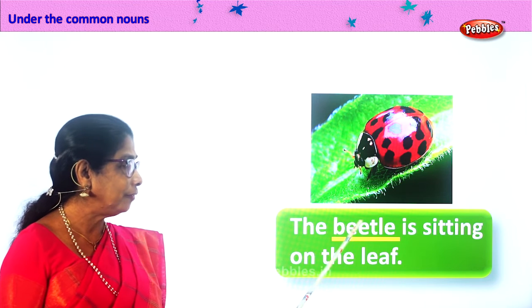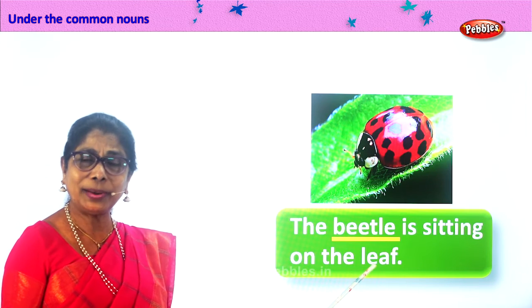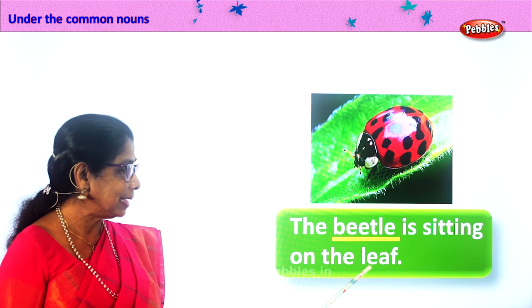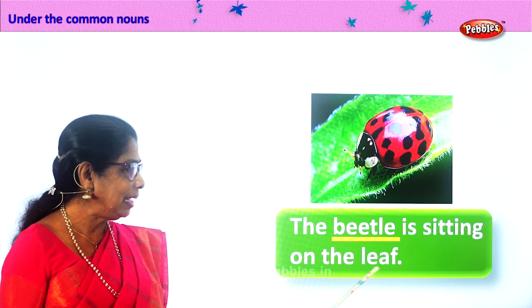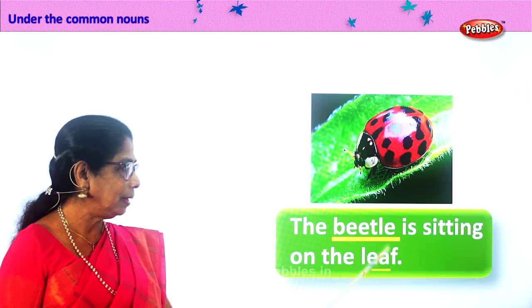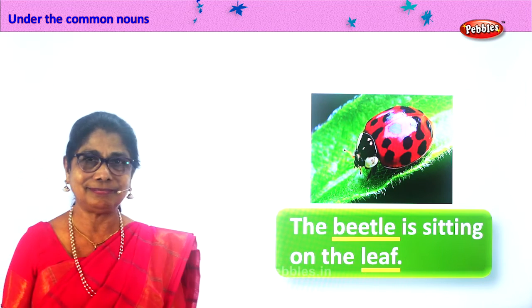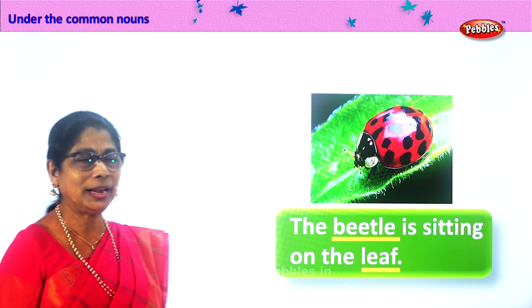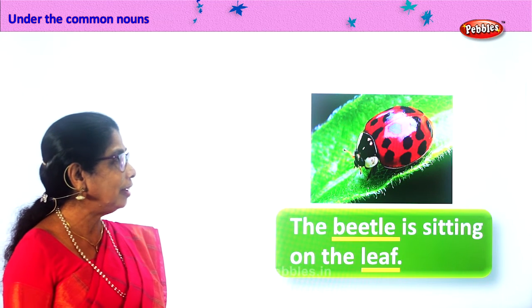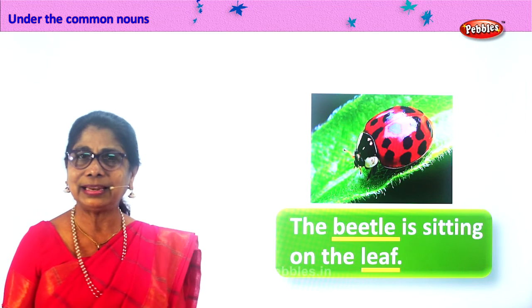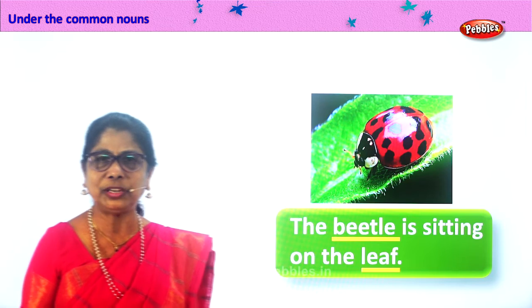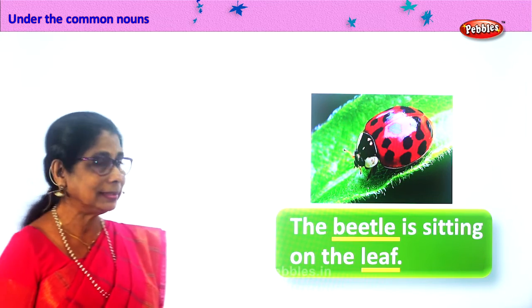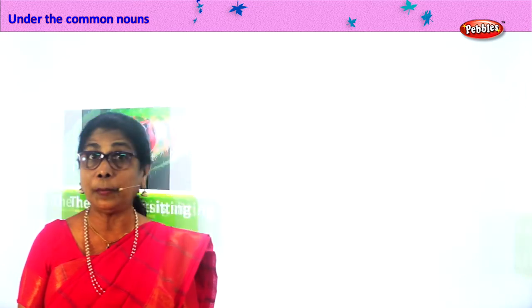Beetle, leaf. We have two common nouns in this sentence. We underline leaf. Look at the beetle, how lovely it looks. Let's go on to look at more pictures and sentences to identify common nouns.